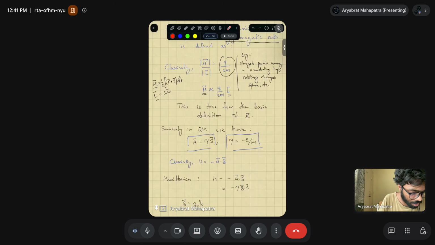So there, we will take the magnetic moment for the quantum particle.